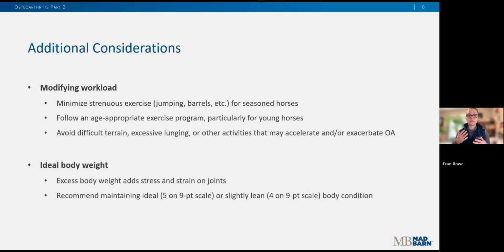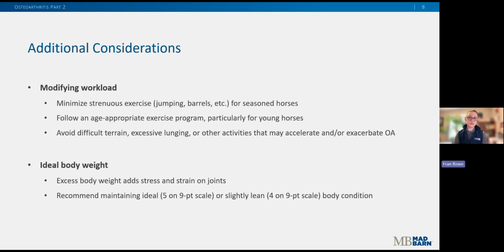Additionally, this is particularly important for our young horses, but following an age-appropriate exercise program. And then lastly, avoiding difficult terrain, excessive lunging, or some of these other activities that may accelerate and or exacerbate osteoarthritis.